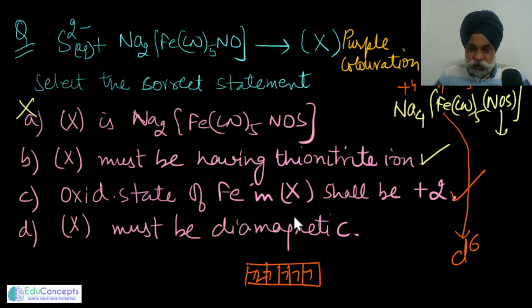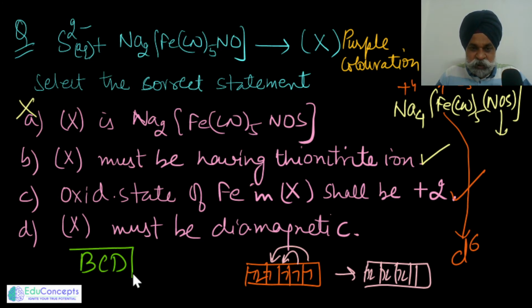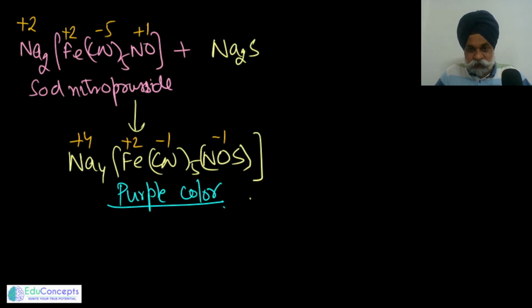It will lead to the formation of paired up electrons, and as a consequence there is no unpaired electron, so it is diamagnetic. So everything is correct in this particular one. So what options did we find? B, C and D would be the right answers to this particular question.